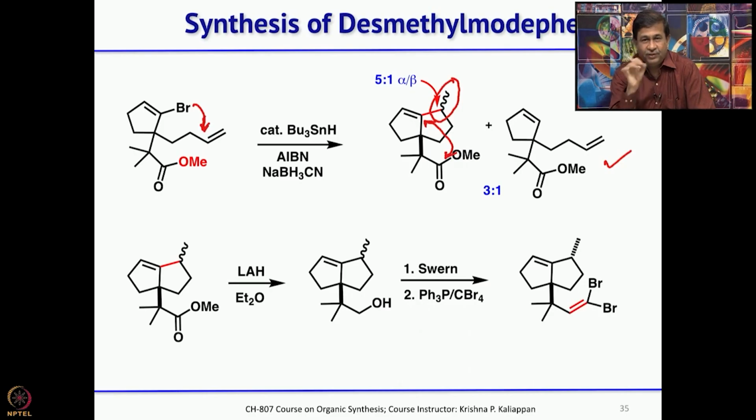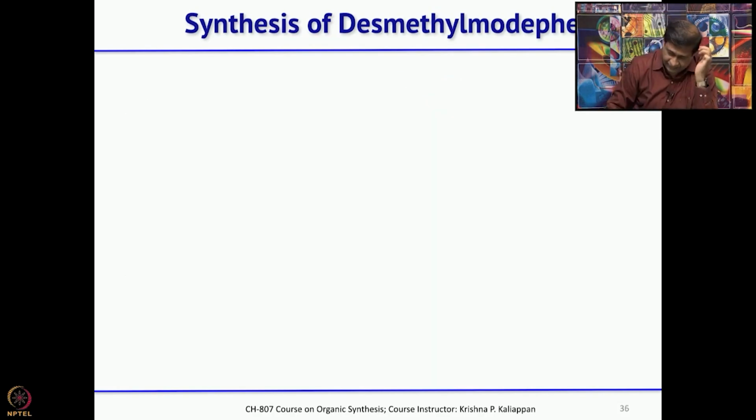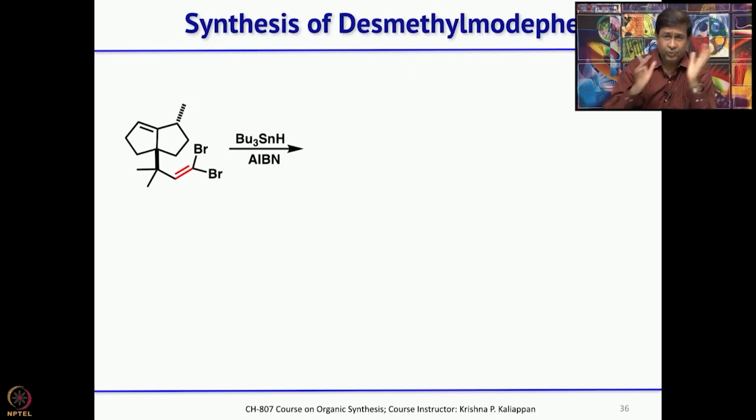So he wanted to use this dibromoalkene as the radical precursor. You can see you have two bromines, and if it cyclizes here, that will give you the corresponding modhephene. So he did this reaction with 1.1 equivalents of tributyltin hydride and AIBN.